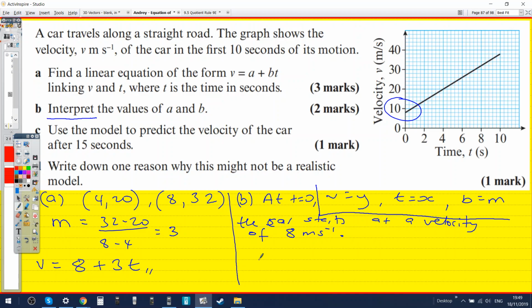Yeah. Is that just the constant or something like that? Anything you know about the gradient of a velocity time graph? Does that mean that velocity times time equals distance or something?